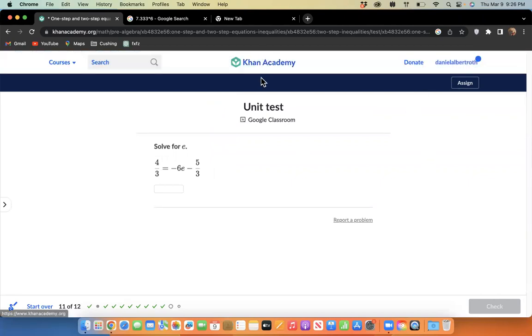All right, so 4/3 equals -6e minus 5/3. I'm going to add 5/3 to both sides. So I have -6e on the right side. I'm just going to make it the left side. That's how I like to have it. So the 4/3 plus 5/3 is now 9/3. I'm going to divide both sides by -6.